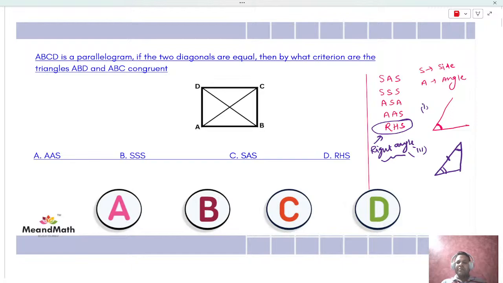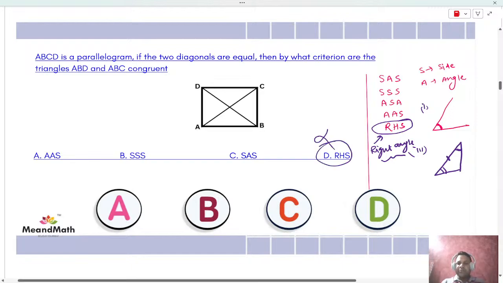If parallelogram is there, then RHS cannot be the answer because अभी मैंने आपको स्पेसिफाई किया है RHS is only for right angle triangle और parallelogram में right angle triangle नहीं होता. क्लियर? राइट एंगल ट्राइंगल सिर्फ स्क्वायर्स, रोम्बस एंड राइट रेक्टेंगल में होगा. ठीक है, पैरेललोग्राम में नहीं.